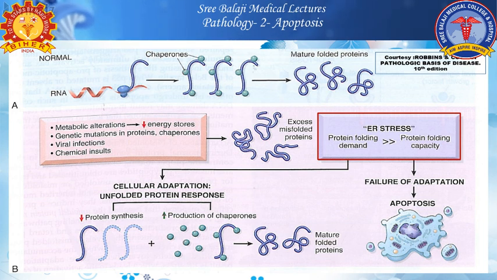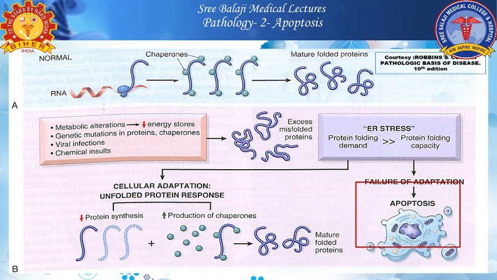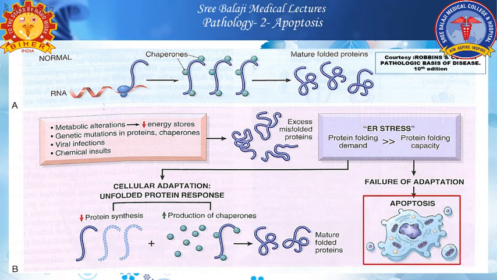Otherwise, the protein folding demand is more than the protein folding capacity of the endoplasmic reticulum. What happens when there is excess unfolded protein? The endoplasmic reticulum cannot fold it. So they trigger: come on, cell, you better die. So misfolded protein results in triggering of apoptosis.